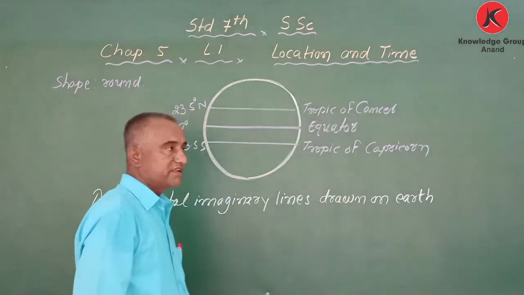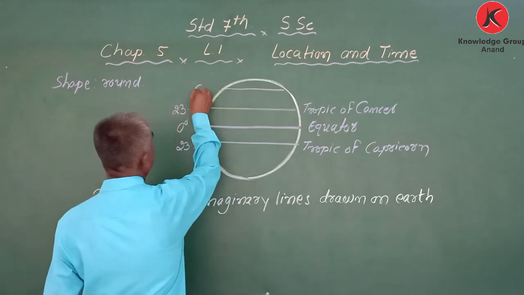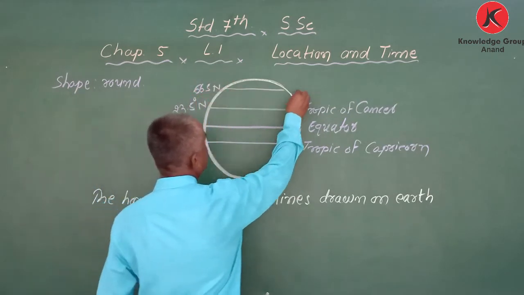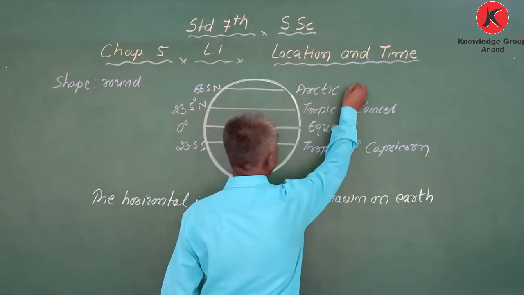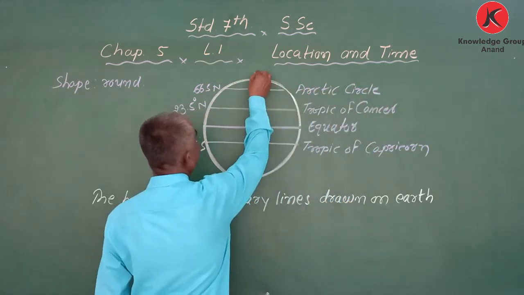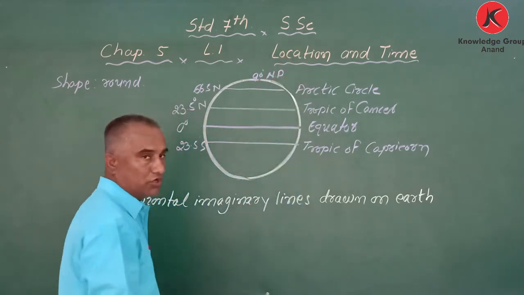Got it? Next one. Here 66.5 degree N, that is called Arctic Circle. And the last one is 90 degree, that is called North Pole.